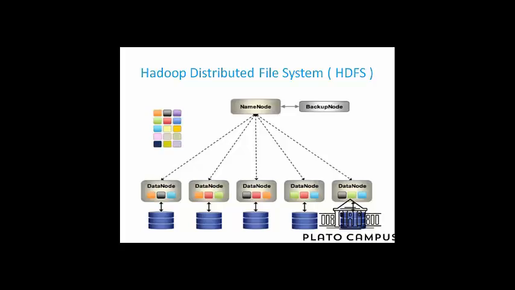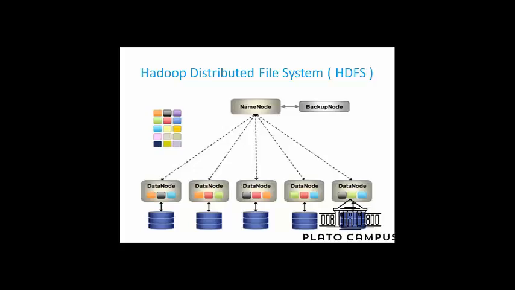You can see 3 blocks are stored on the first machine, the next 3 are stored on the next machine. Similarly, all machines are participating in storage. So the complete storage is ultimately distributed among multiple machines. That's why it is known as Hadoop distributed file system. One more thing you can notice is that every data node has its local hard drive on which it is storing the data.